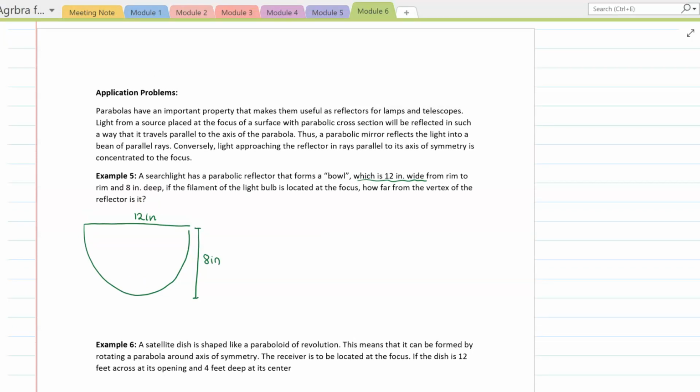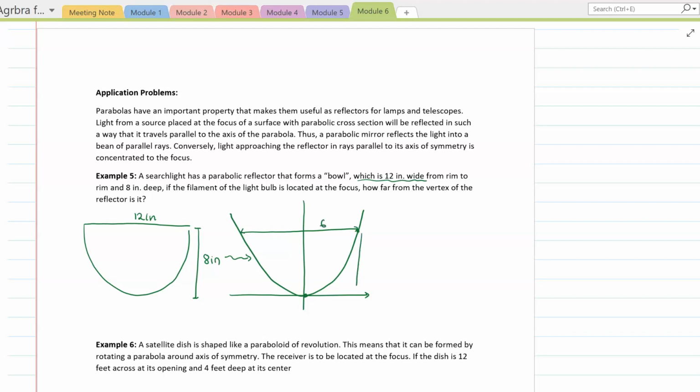Okay, so let's translate this into a coordinate plane to see how this works. So we have a parabola, and from the lowest point of the parabola to this one point that we know, this is 12 inches wide. So if this whole distance is 12 inches wide, this distance here is 6, right?